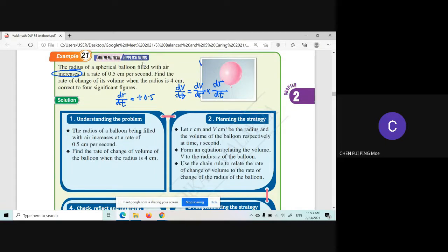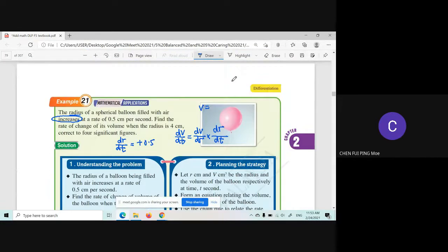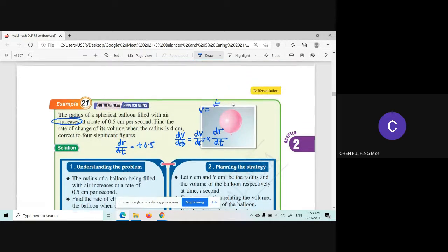The formula is 4 over 3 pi r cubed. So this is V, r. So only two unknowns, so no need for substitution. You can differentiate straight away. Previously we had 3 unknowns, so needed to sub one of them. Now only 2 unknowns, so can differentiate straight away.